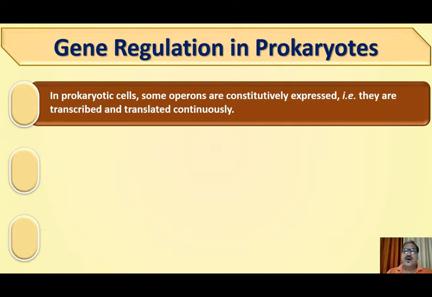Such operons are constitutively expressed, meaning they are transcribed and translated continuously to provide the cell with constant intermediate levels of protein products. Such genes encode enzymes that are involved in housekeeping functions required for cellular maintenance, including DNA replication, repair, and expression, as well as genes involved in core metabolism.